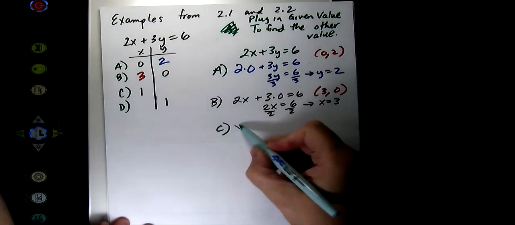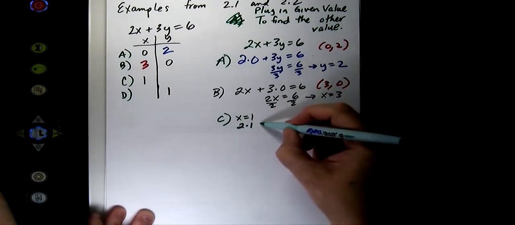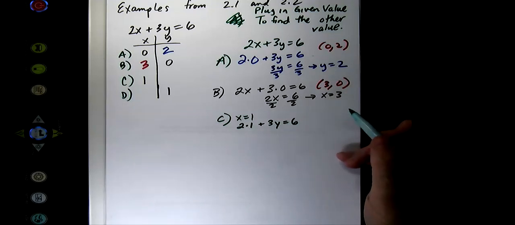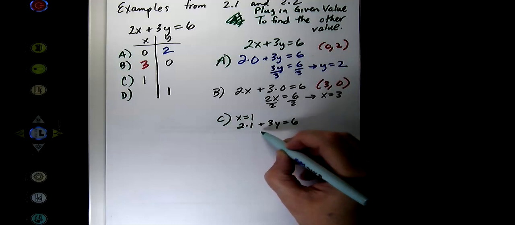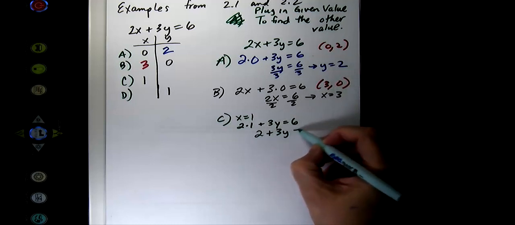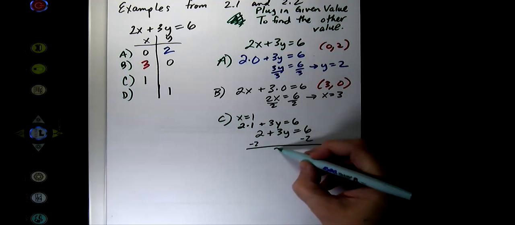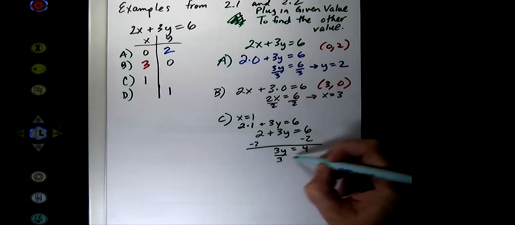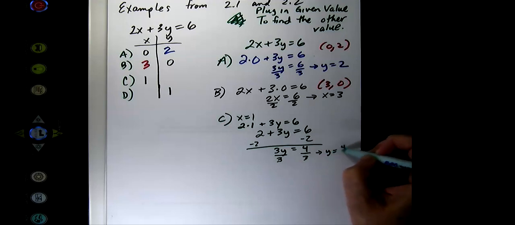C, x equals 1. So I have 2 times 1 plus 3y equals 6. That's 2 plus 3y equals 6. We'll subtract 2 from both sides. We get 3y equals 4. We divide by 3 and we get y equals 4/3.